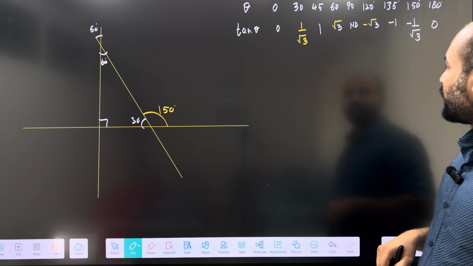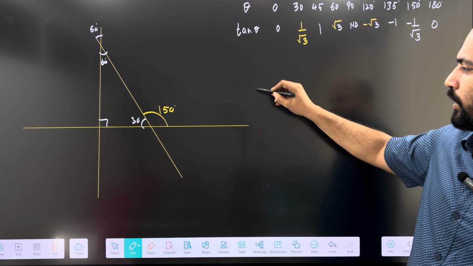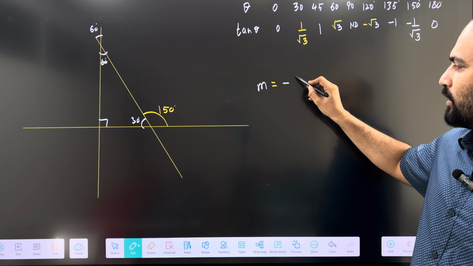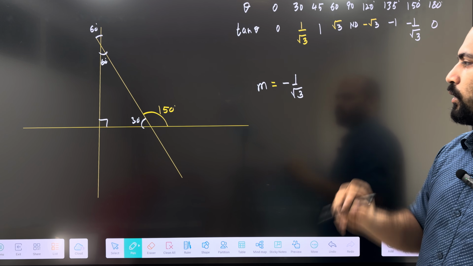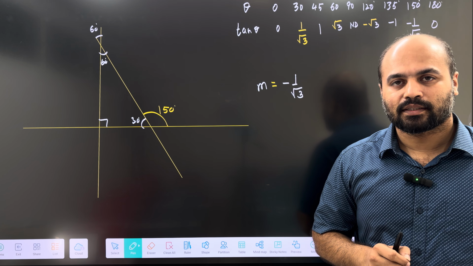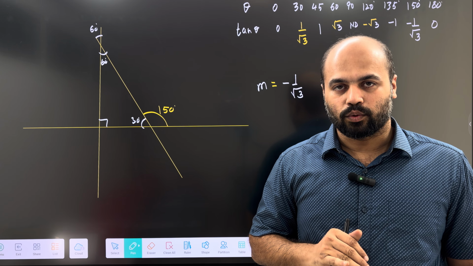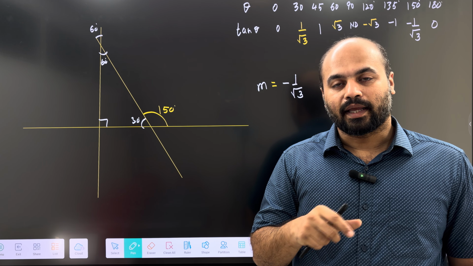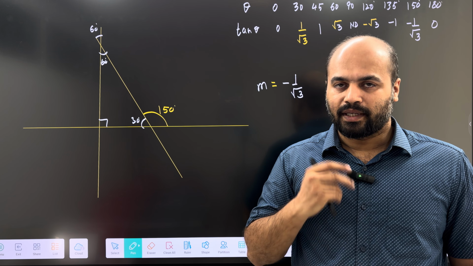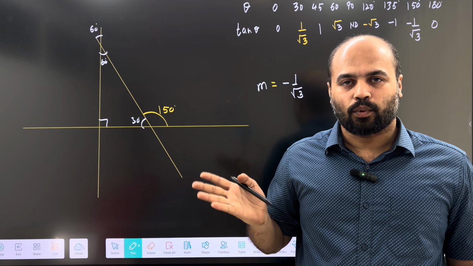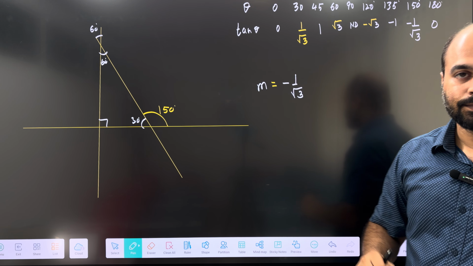So from the table we know tan of 150 degrees is minus 1 by root 3. So slope of this straight line is minus 1 by root 3. Of course, the basics of trigonometry have to be learned as to why this is minus 1 by root 3 and why tan theta is negative for obtuse angles. But the basic information that you need to know at this point is all of this.